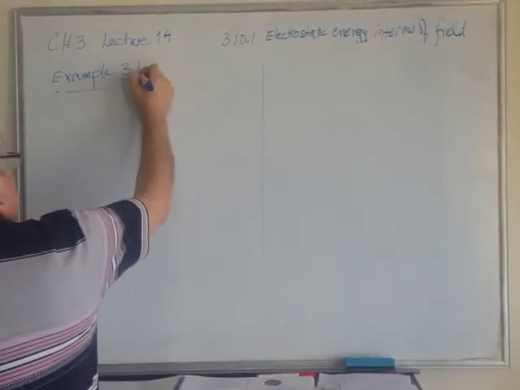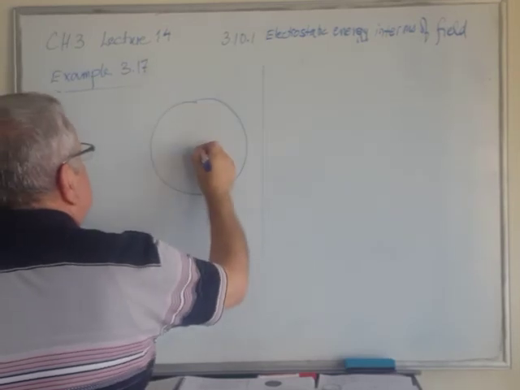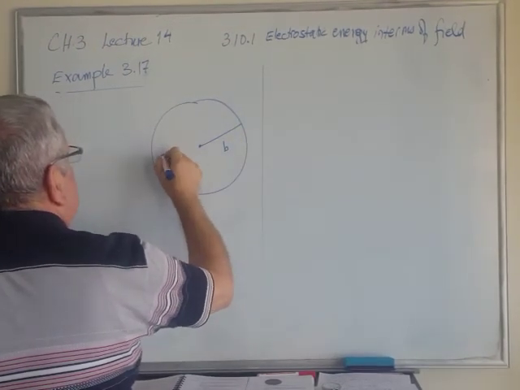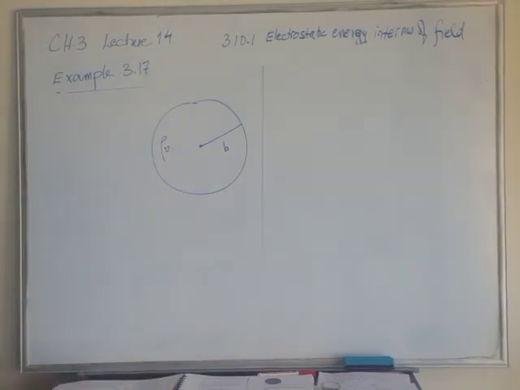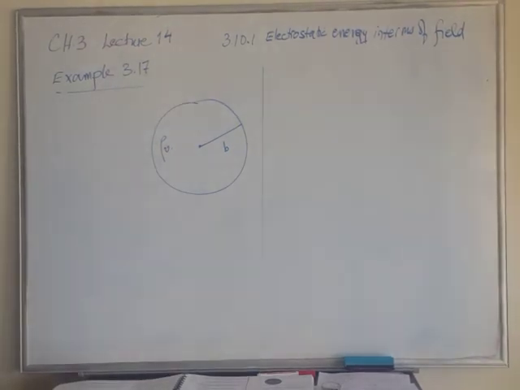So in 317, we had, if you remember, a charged sphere of radius b, and either we know the volume charge density rho v, or we know the total charge. And our task is to do what?